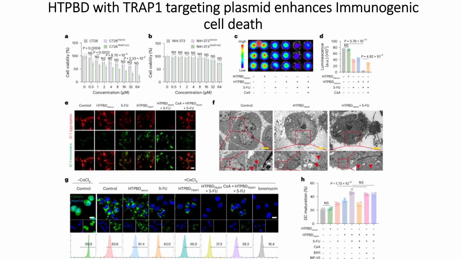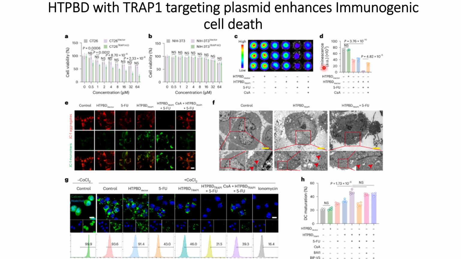They validated these things using immunofluorescence also, where we can see that HTPBDs alone can decrease the cell viabilities, but when combined with 5FU, it can decrease the cell viabilities to a much greater extent. But when they use CSA, they can see an increase in the cell viabilities.